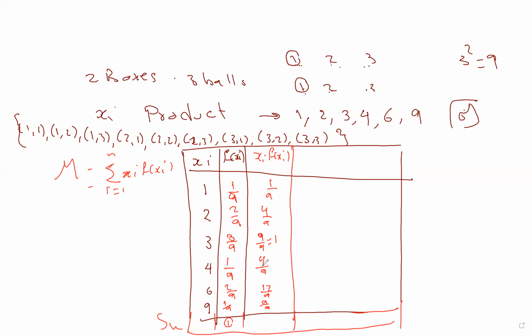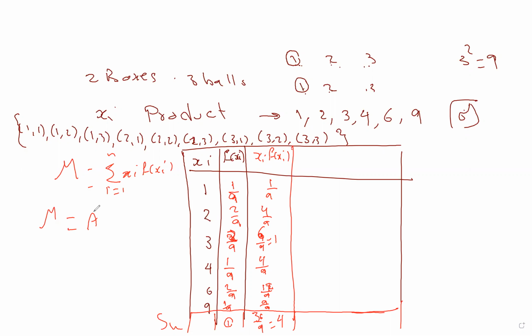Okay, so mu will be the sum of xi times f of xi. Let me add them, which is 4: 2 over 9 times 3 is 6 over 9, so it will be 36 over 9, which is 4.